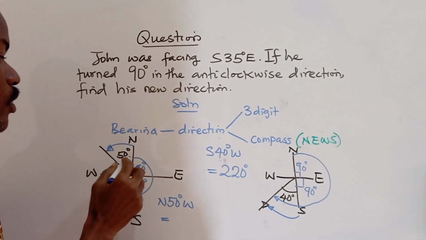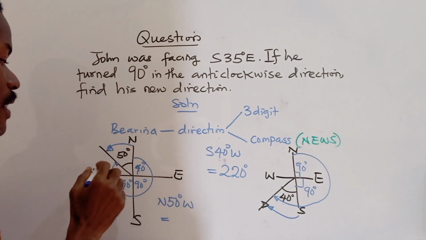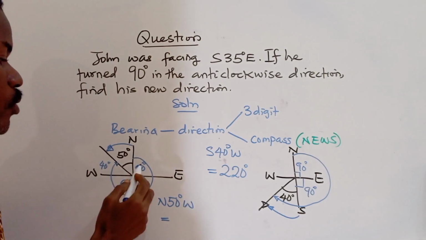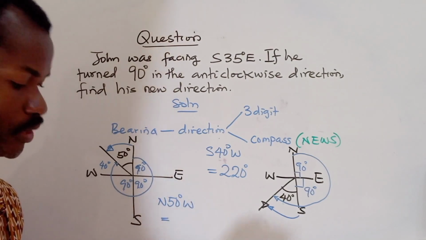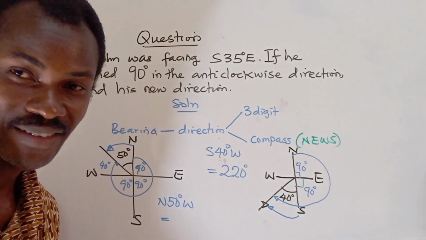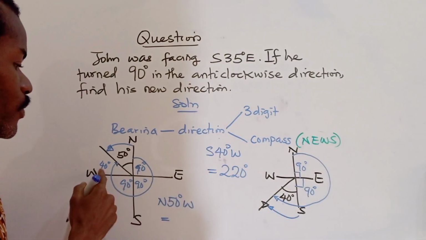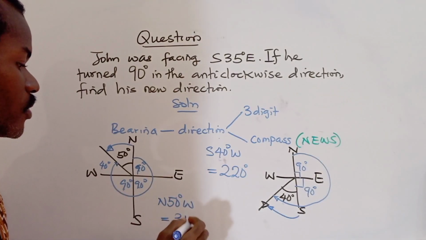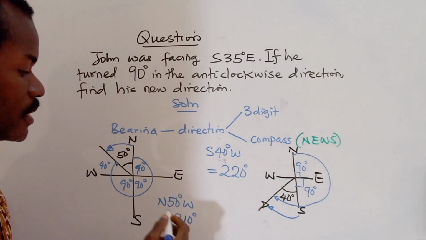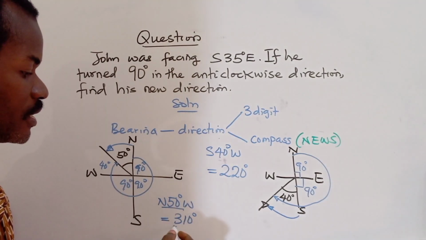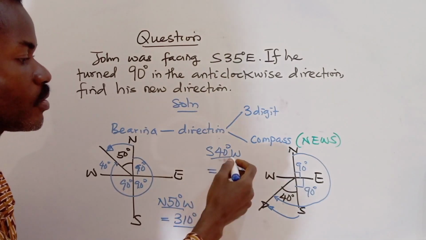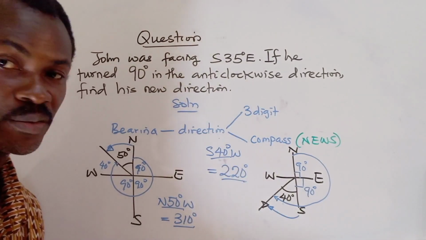What about this angle? Remember 50 plus this will give us 90, so this is 40. So we have 90 plus 90 plus 90, which is 270 degrees. And if we add this 40, it's going to give us 310 degrees. So this is the 3-digit bearing.